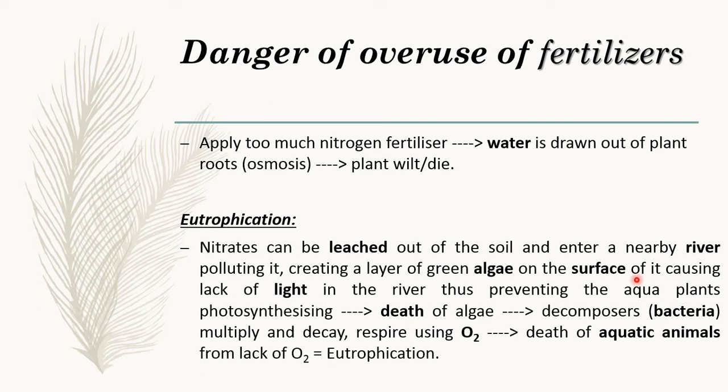Since the number of bacteria is quite big, millions compared to aquatic animals, they compete for the oxygen. Of course, the bacteria will be the winner and get most of the oxygen, and eventually the aquatic animals will die from lack of oxygen. We call this process eutrophication.